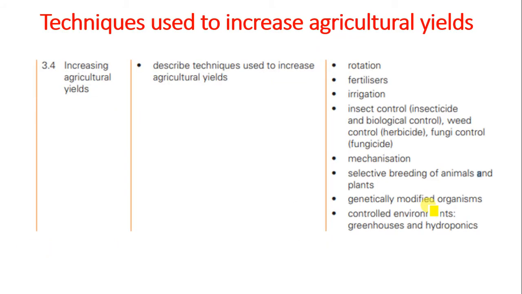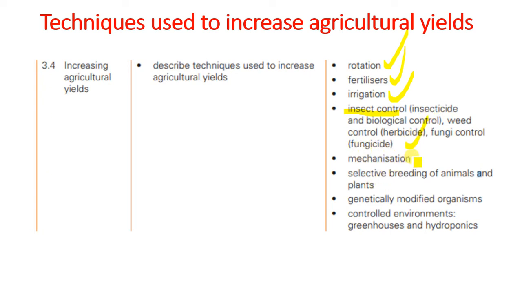Now we'll go into 3.4 that has to do with techniques used to increase agricultural yield. Now those techniques we're going to look at is to describe the different techniques. The techniques used to increase agricultural yield has to do with crop rotation, fertilizers, irrigation, insect control that has to do with insecticides and herbicides, and also fungicides.